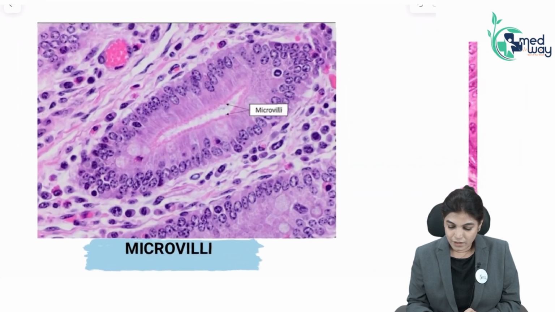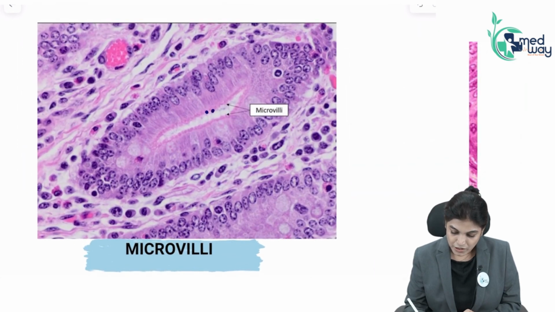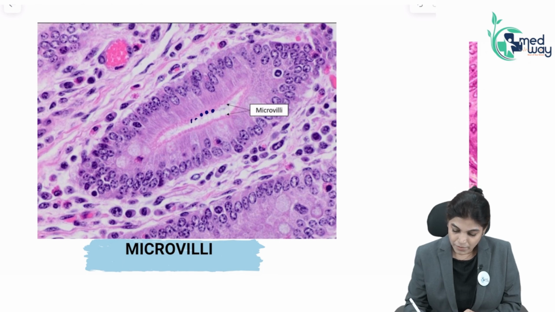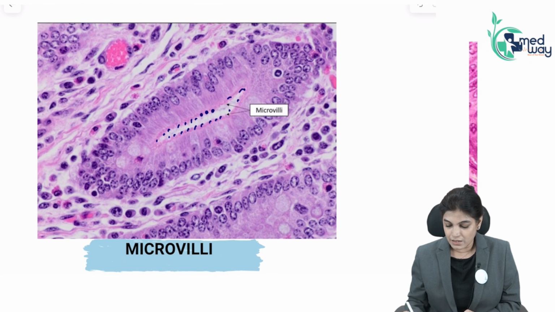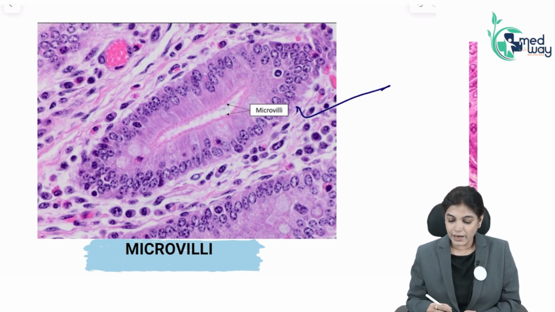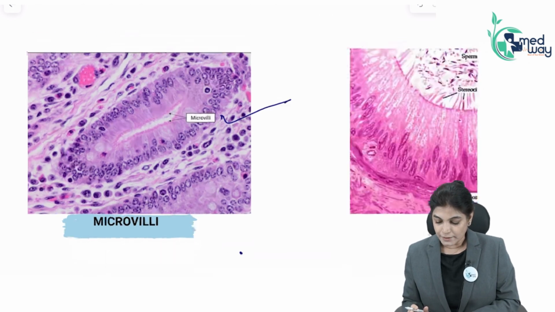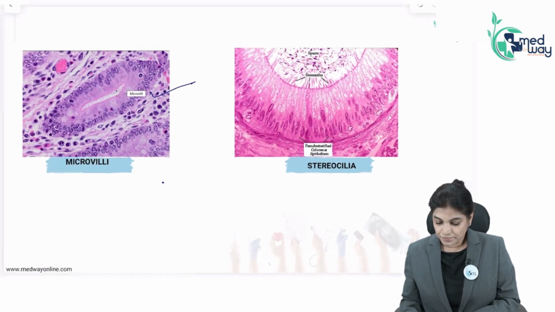You can all see these minute projections; these very minute projections are the microvilli. So we have seen microvilli, and you have to know both striated and brush border examples. So let's write it down.